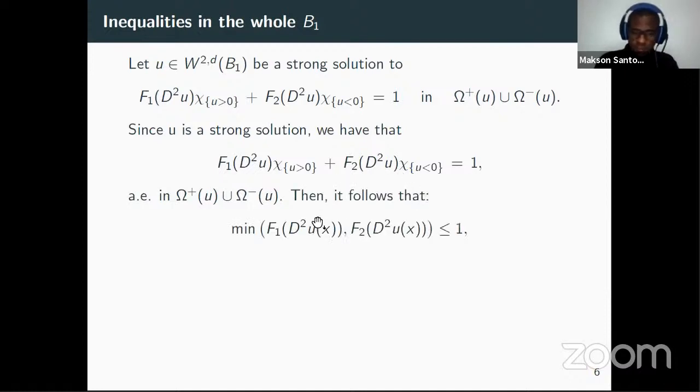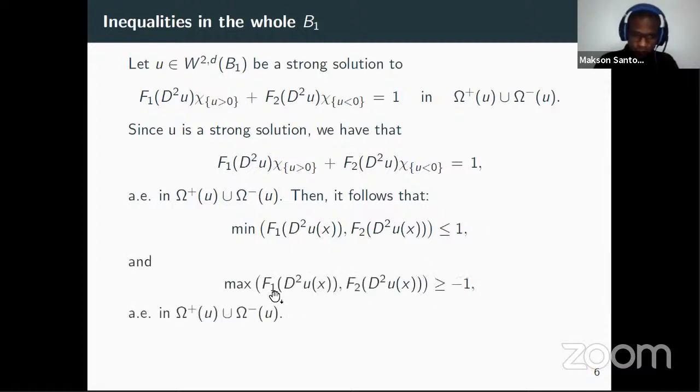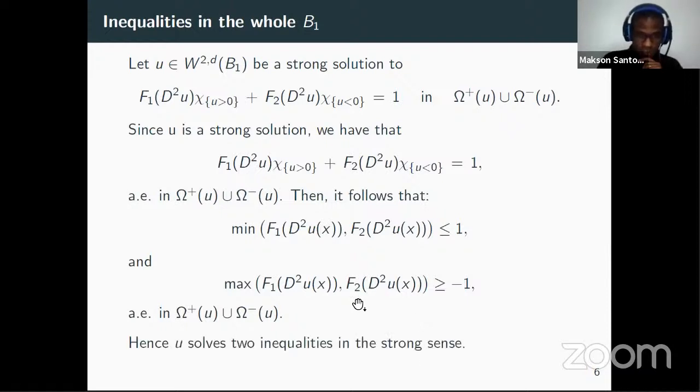And then it follows that the minimum between F1 and F2 of the Hessian of U is less than or equal to 1, and the maximum between F1 and F2 of the Hessian of U is greater than or equal to minus 1 almost everywhere in omega plus union omega minus. And in the set where U is 0, this is 0, this is 0, and we're in business, right? Then what we have actually is that U solves two inequalities in the strong sense, okay?